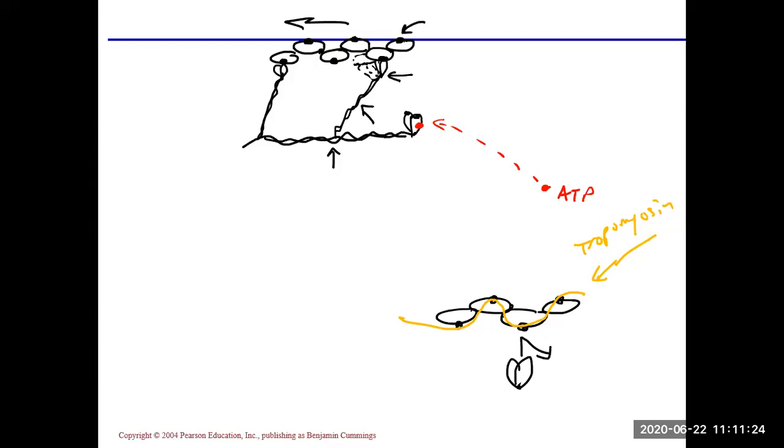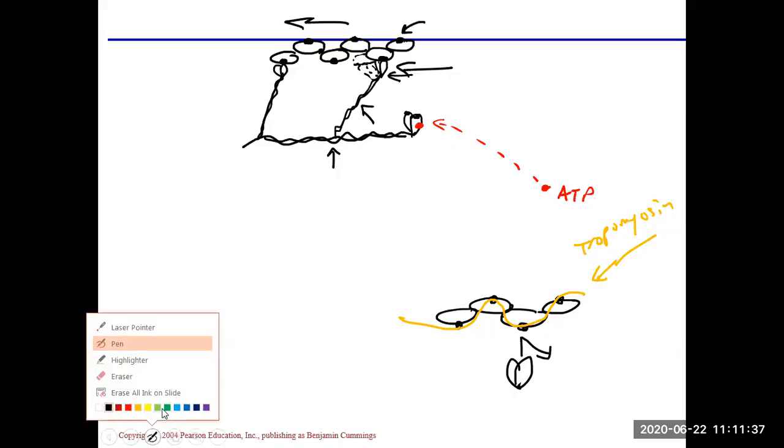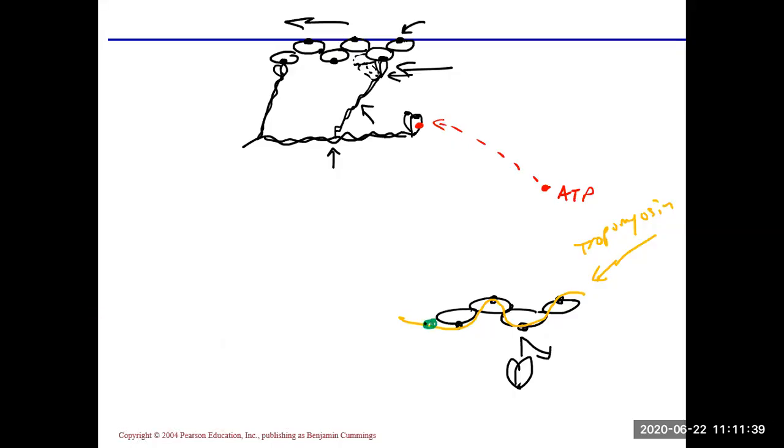Now, in order for binding to happen, you need to push this tropomyosin to the side. There is another regulatory protein that is controlling this as well. Once calcium comes in and binds to it, it can move the tropomyosin to the side.